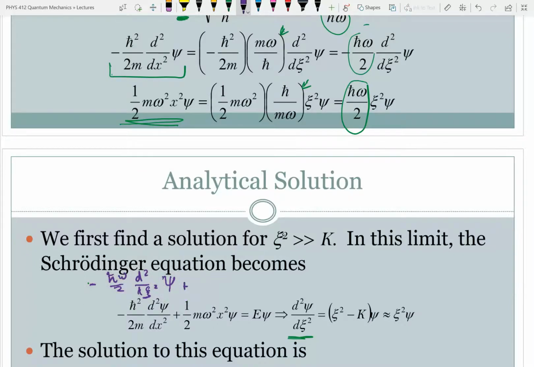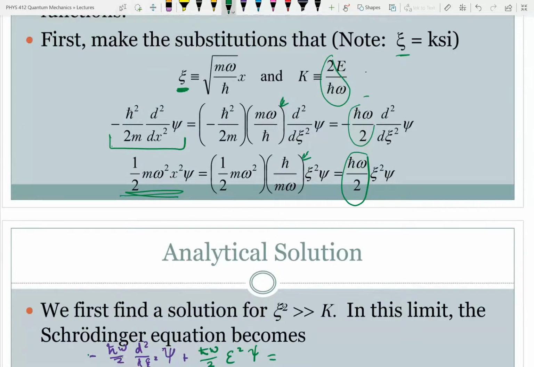The second term will be h bar omega over 2 xi squared psi equals, and then for E, if I solve this here, E is equal to my K h bar omega over 2.